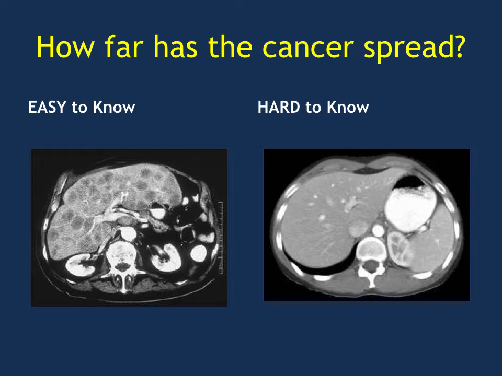And the patient on the right, the CT scan does not show any lesions in the liver, but he or she may have micrometastatic disease that you just can't detect. So these are the patients who initially come in thought to have potentially curable cancer, but we don't know for sure.